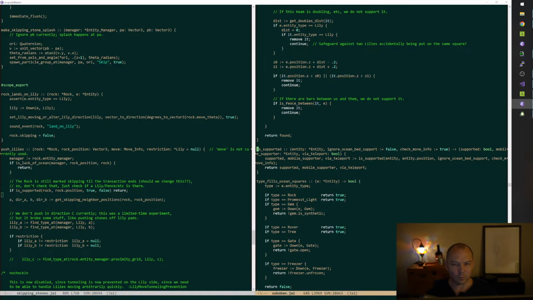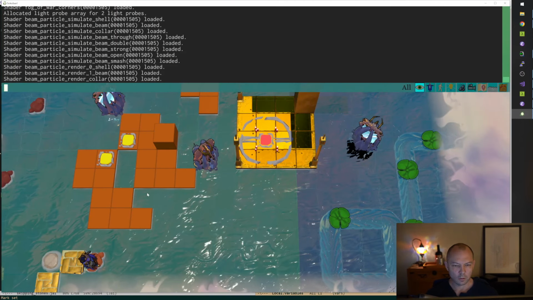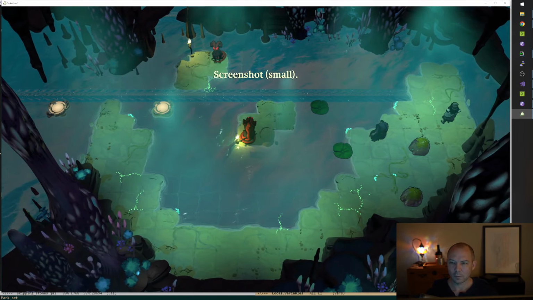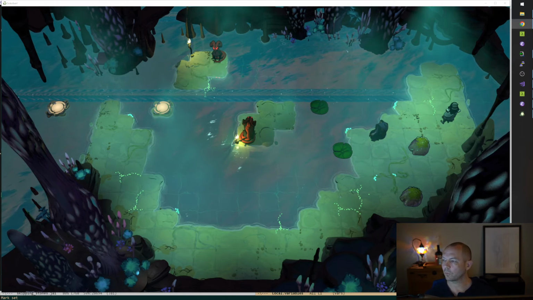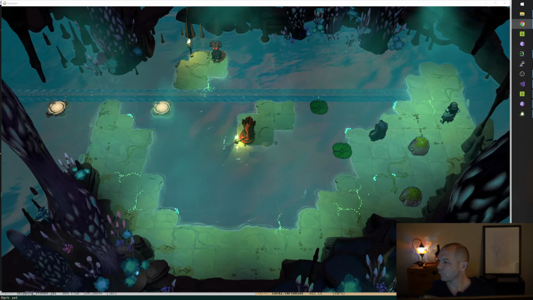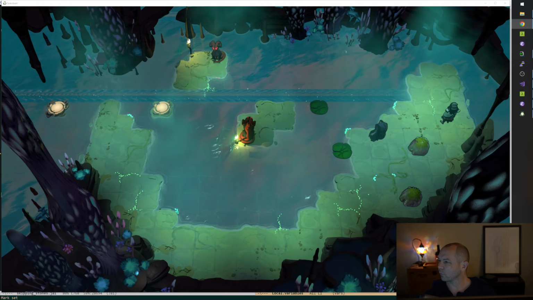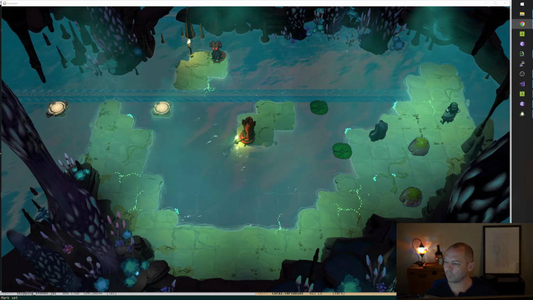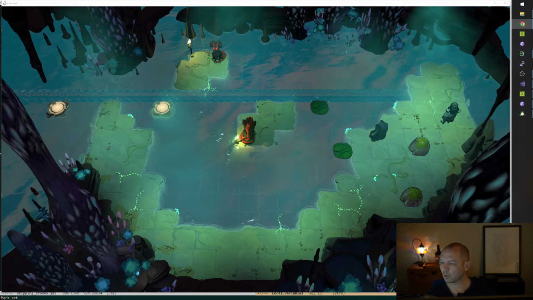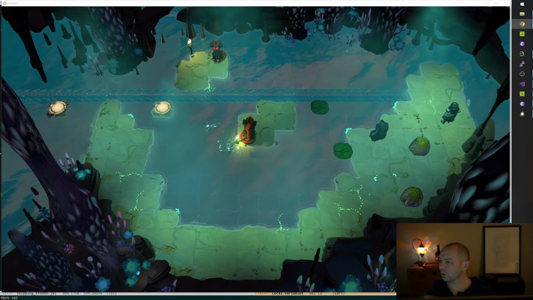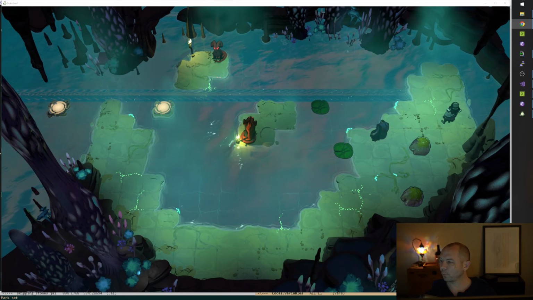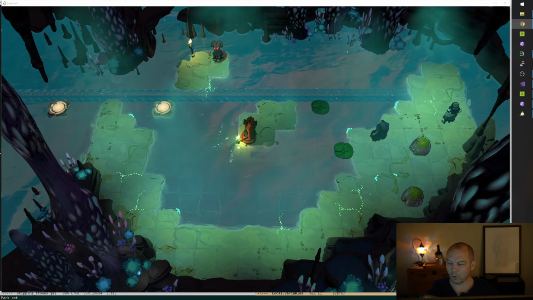While we're on that level, I want to send an art note. So, another example of dim not equal to dark.